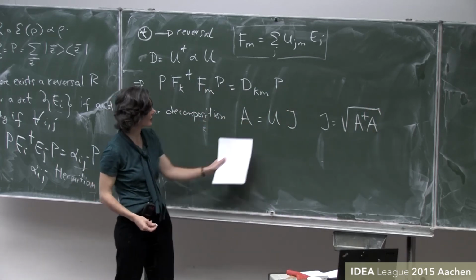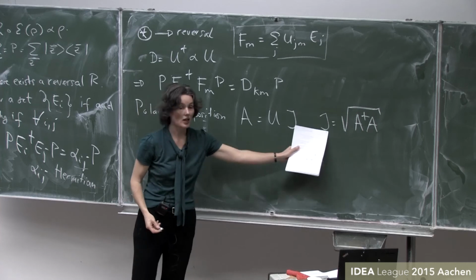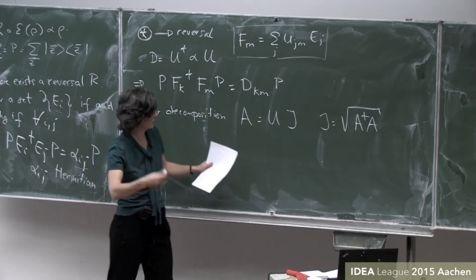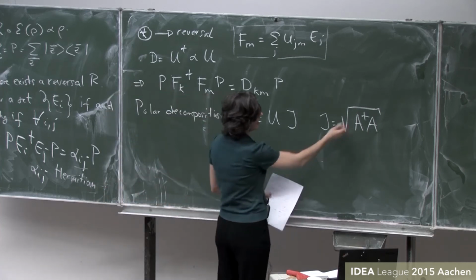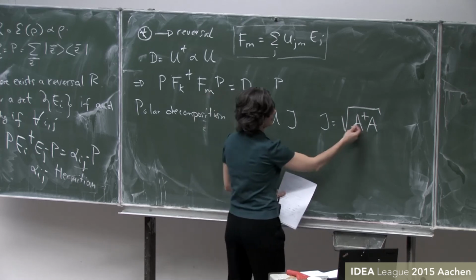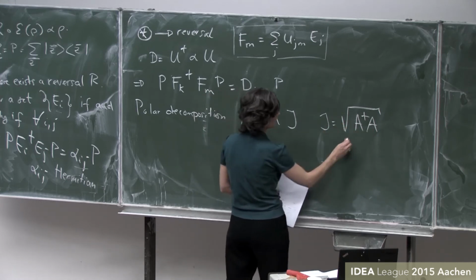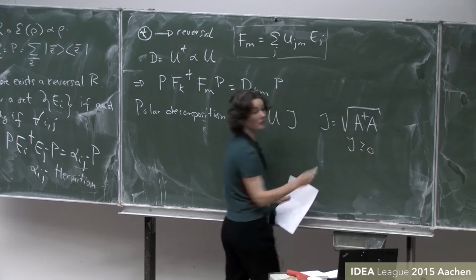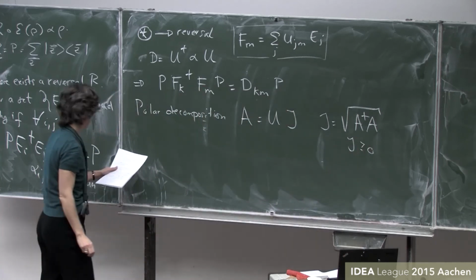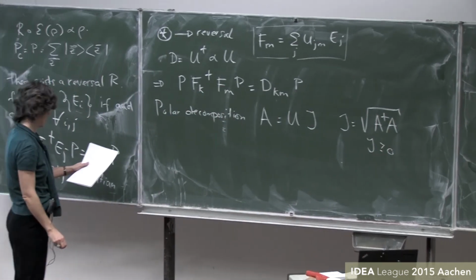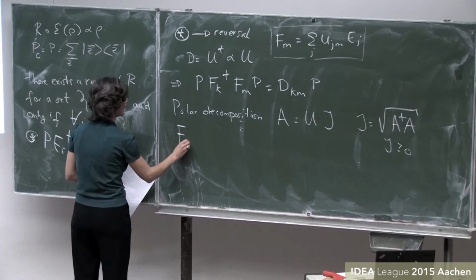There exists a unitary matrix, and then this object J that I can just calculate. And this J, because of the way I define it, is clearly Hermitian and has non-negative eigenvalues. So I can do that for this guy, F_m P.